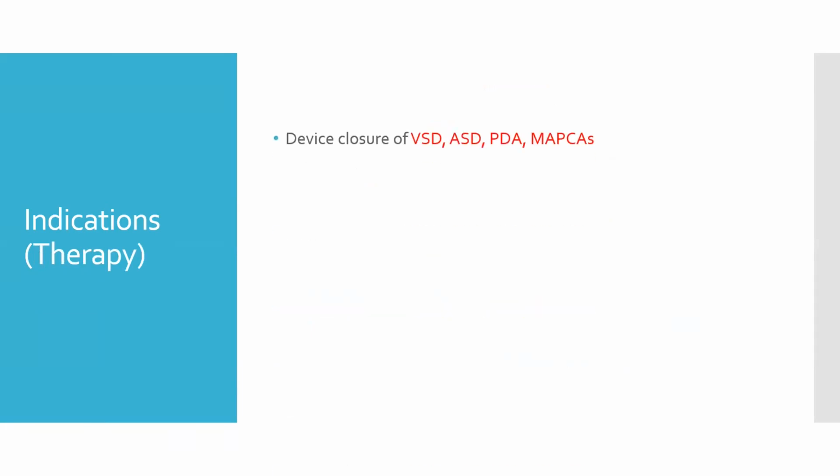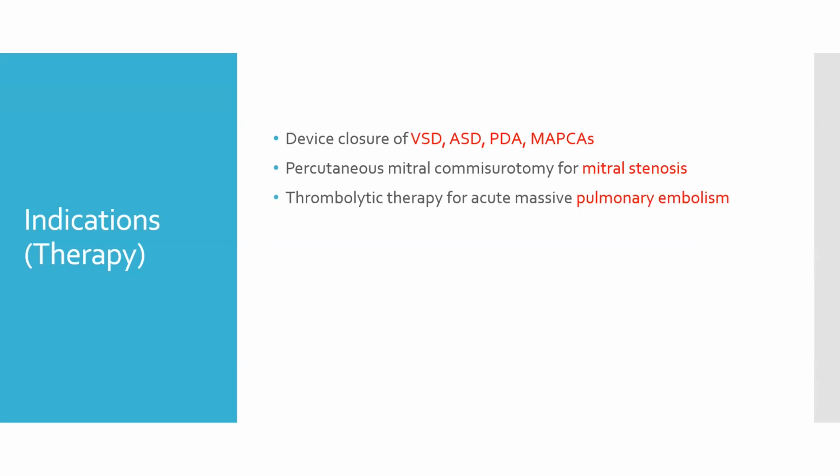Therapeutic indications for right heart catheterization include device closure of atrial and ventricular septal defects, PDA, MAPCAs. It can also be used for transseptal puncture for mitral stenosis and percutaneous mitral commissurotomy, thrombolytic therapy and percutaneous treatment of acute massive PE when thrombolytic treatment is failing or contraindicated systemically, balloon valvuloplasty for pulmonary stenosis, and the Rashkind procedure to allow good mixing of blood in patients with TGA.